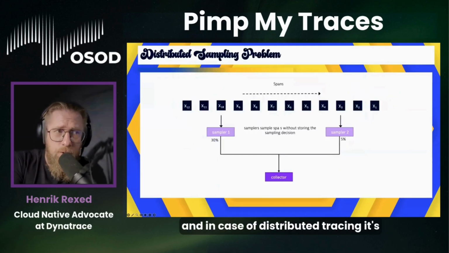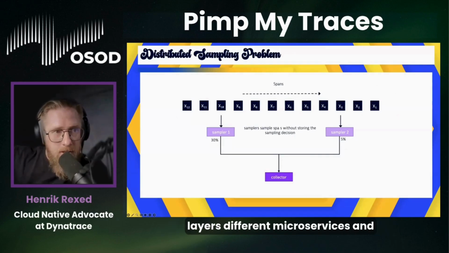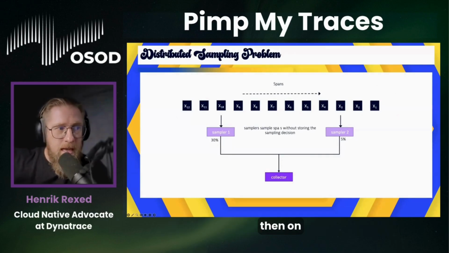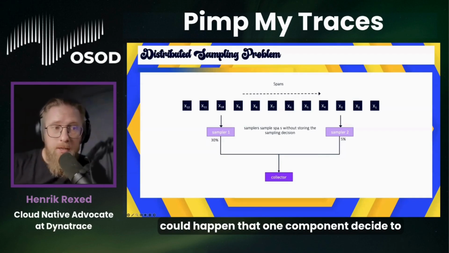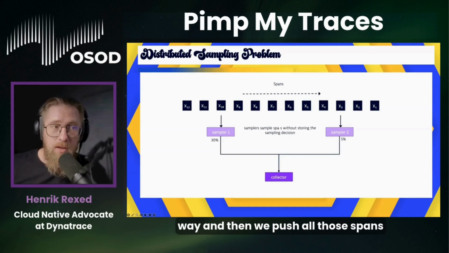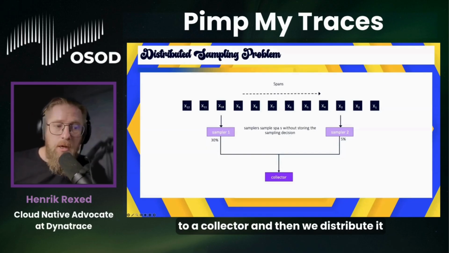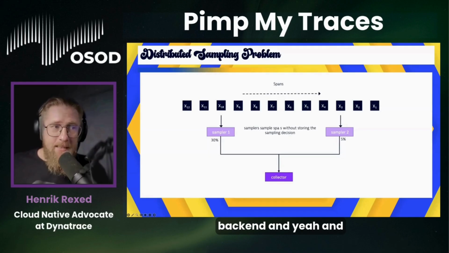And in the case of distributed tracing, it's exactly the same thing. You have different layers, different microservices. On every single microservice, it could happen that one component decides to sample, and then later on, another component decides to sample in a different way. Then we push all those spans to a collector, and then we distribute it to our backend.